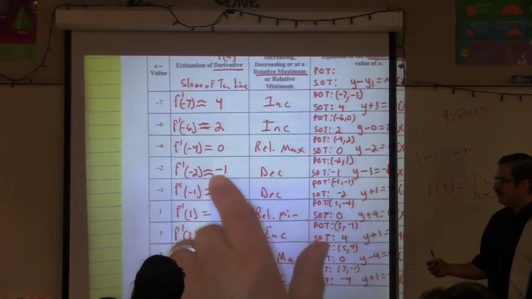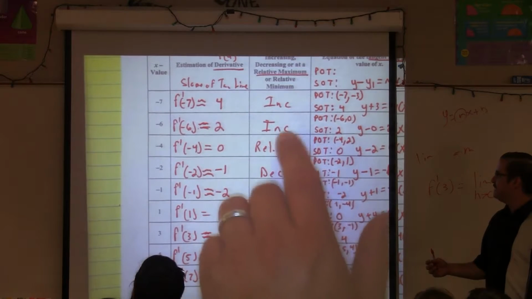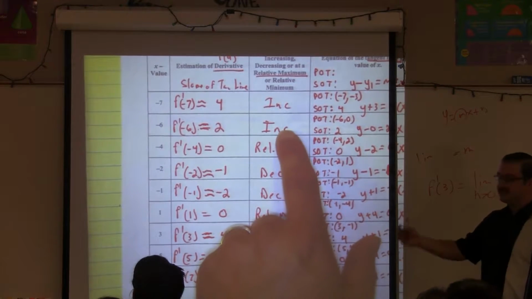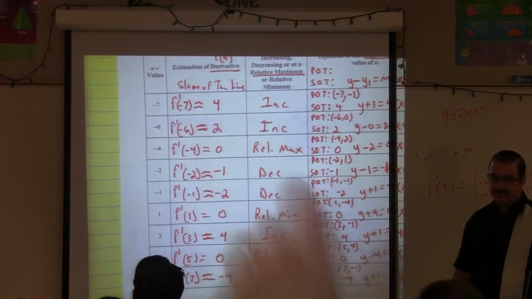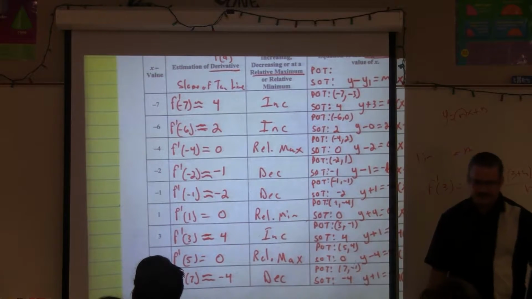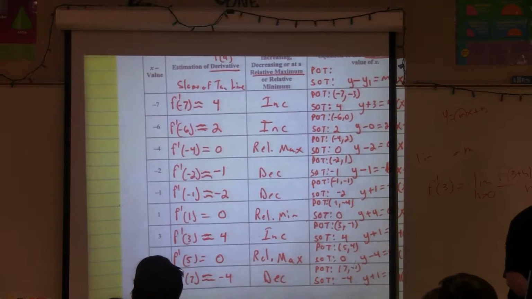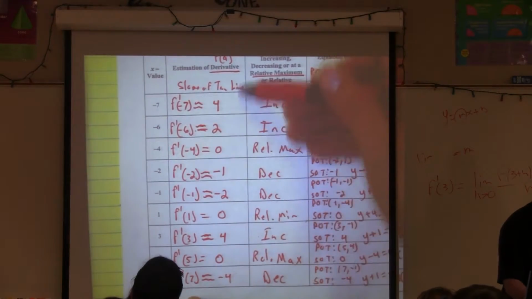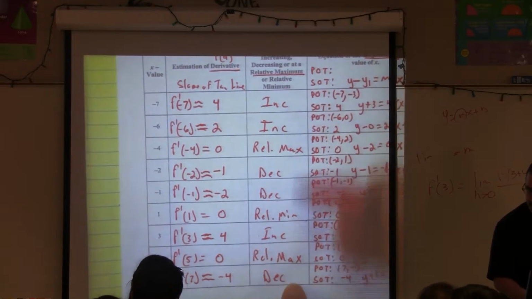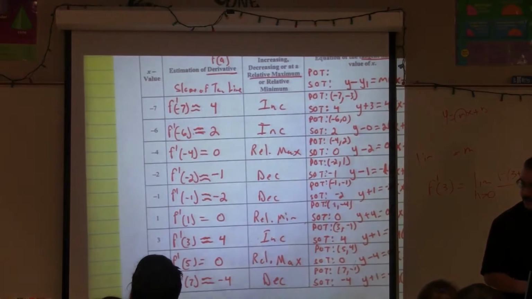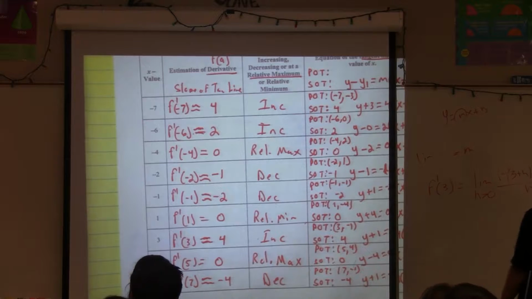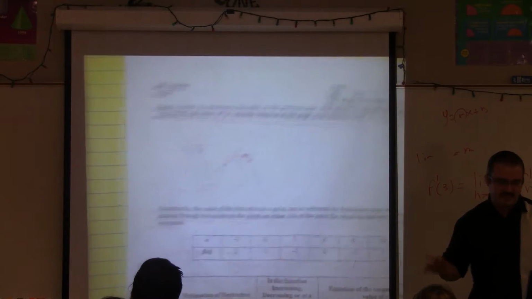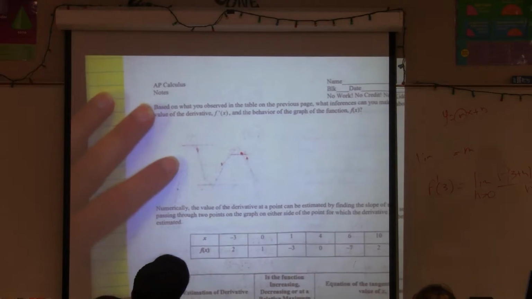Positive to negative in order for it to be a maximum, right? The function has to go from increasing to decreasing. You understand? Yes? So when we talk about derivatives, you're going to say positives or negatives. And when we talk about the function, you're going to say it's increasing or decreasing, or it has some maximum, okay? And you're making that justification because of the sign of the derivative.